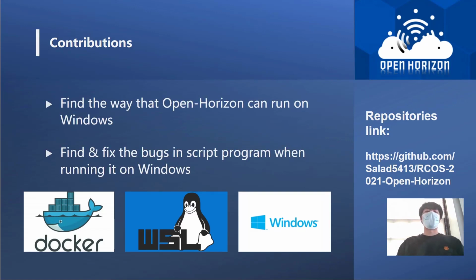Okay, I'm going to talk about our contributions. First, Open Horizon is based on Docker, and Docker is an open source containerization platform which enables developers to package applications into containers, and that's exactly how we let Open Horizon run on Windows this semester.